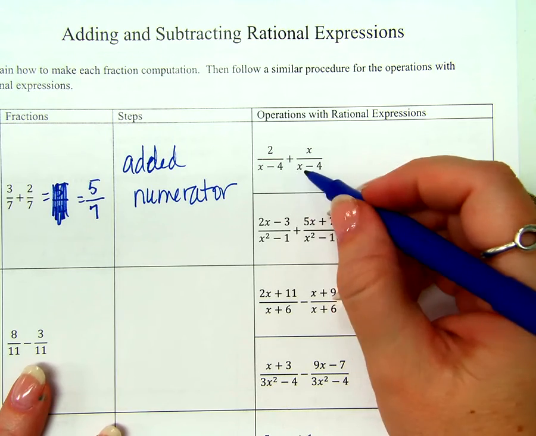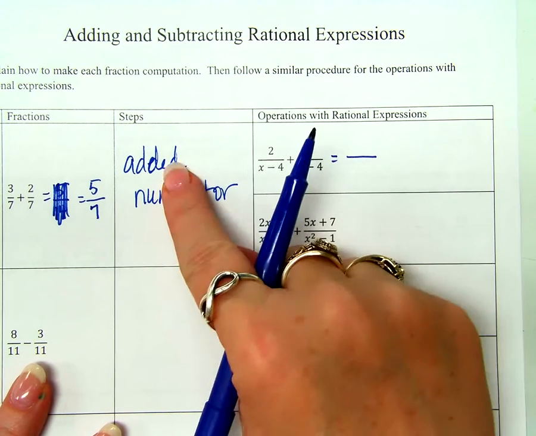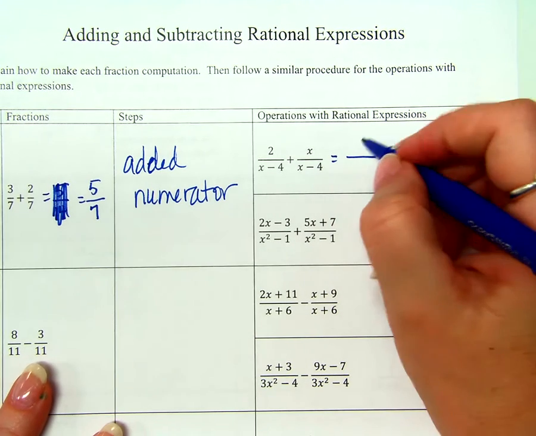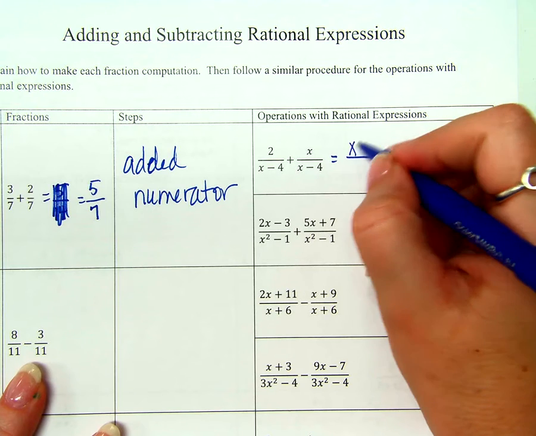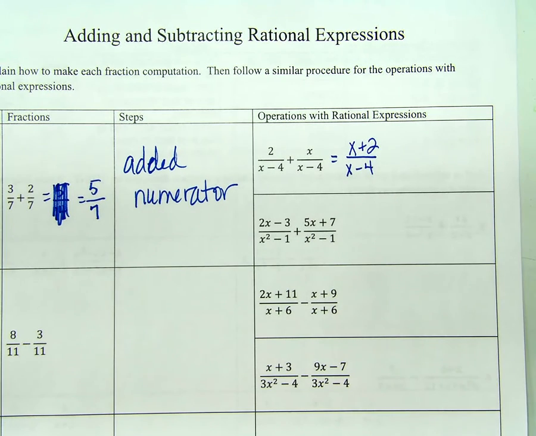Does it have a common denominator? If it has a common denominator, what do we do? We add the numerators. X plus 2, and then I keep my denominator, right? Remember, we're adding, we're not multiplying, right? Right, okay, awesome.